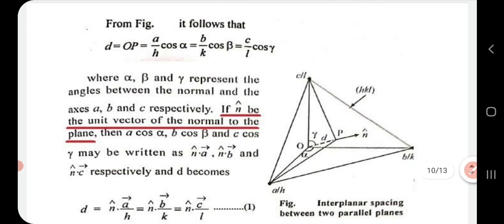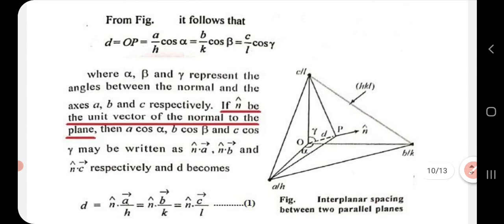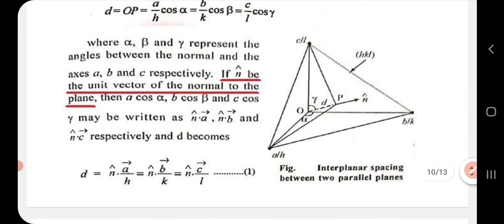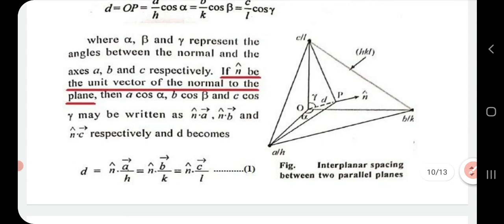It follows that the interplanar spacing d is equal to OP. It is the distance between any two adjacent sets of parallel atomic planes. That d can also be written in terms of the crystallographic axes and the interfacial angles alpha, beta, gamma. How is it written? a by h cos alpha is equal to b by k cos beta, again equal to c by l cos gamma, where alpha, beta, gamma represent the angles between the normal and the crystallographic axes a, b, c respectively.